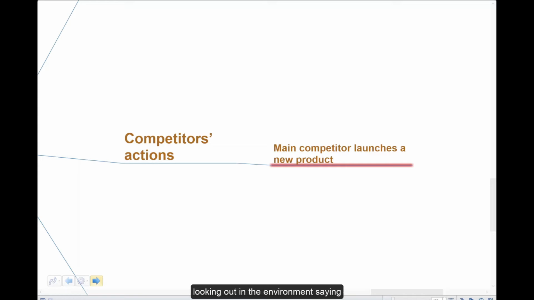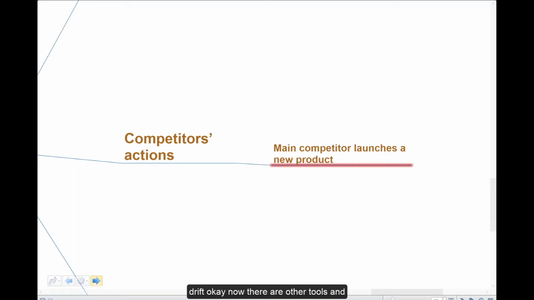We'll be looking out in the environment saying, what's going on in an economic sense? What's going on in a social sense? What's going on in a technological sense? So-and-so's just launched a product, have they? What's that? Well, it's a new R&D backed element of a component, etc. So you get my drift.